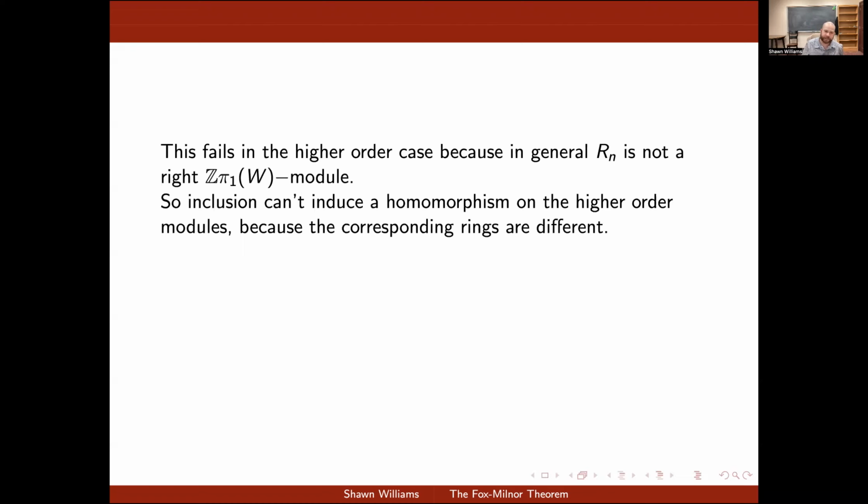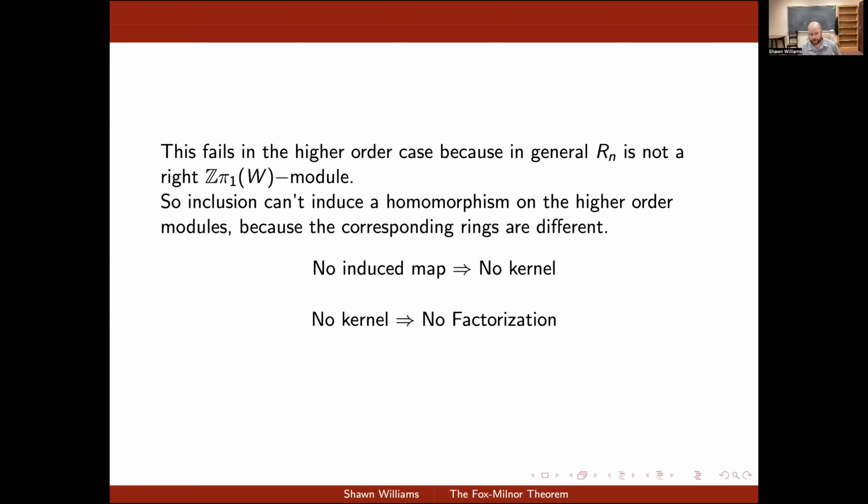And if I don't have that extension, inclusion can't induce a homomorphism on the modules because the modules just exist over two completely different rings. And if I don't have an induced map, I can't get a kernel. And if I don't have a kernel, I can't get that factorization. So this is the big obstruction to getting the Fox-Milnor theorem for the higher order cases.